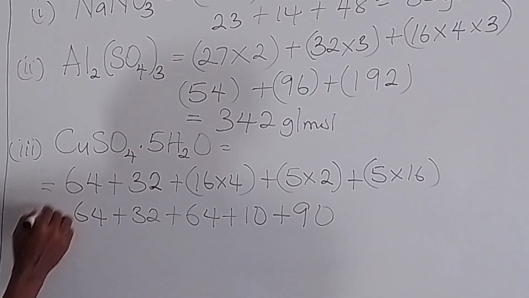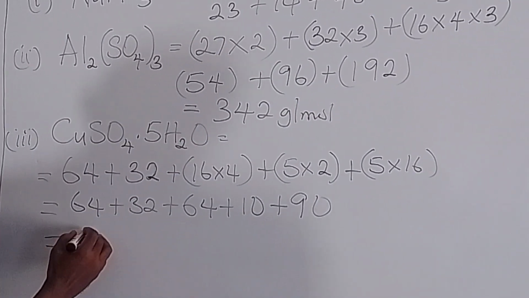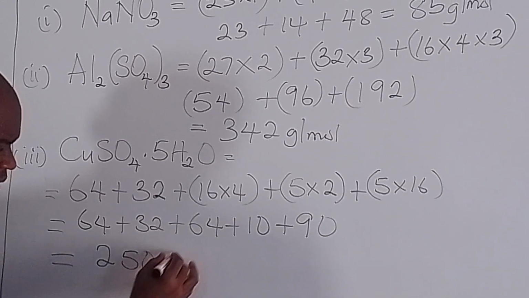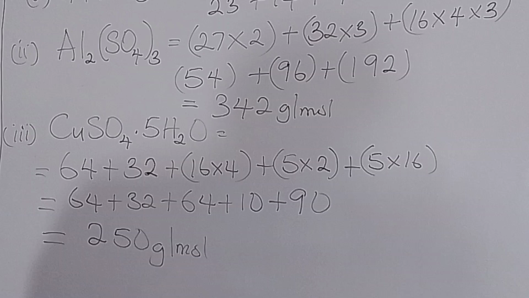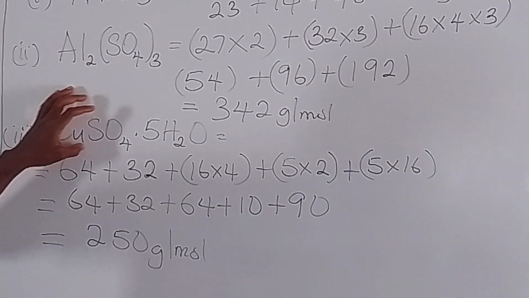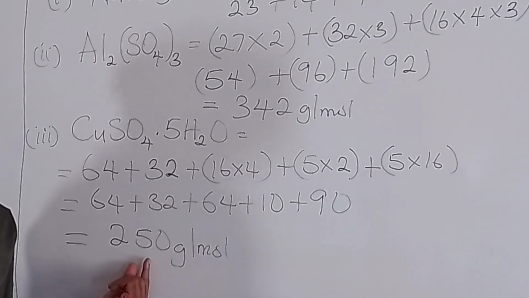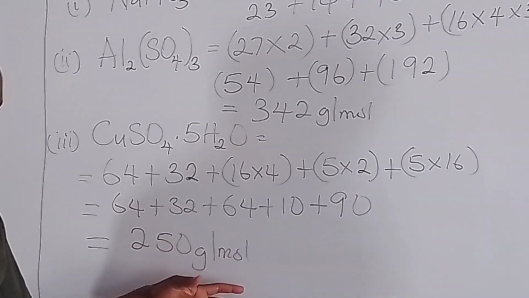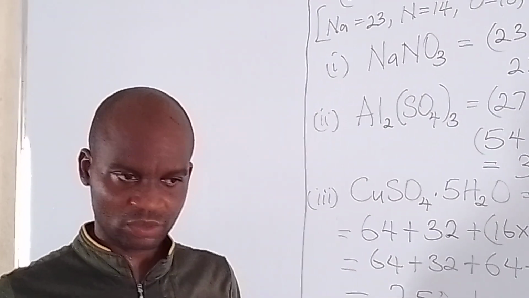We sum this up, and when we sum this up, this will give us 250 grams per mole. So the relative molecular mass of copper 2 tetraoxosulfate 6 pentahydrate is 250 grams per mole.